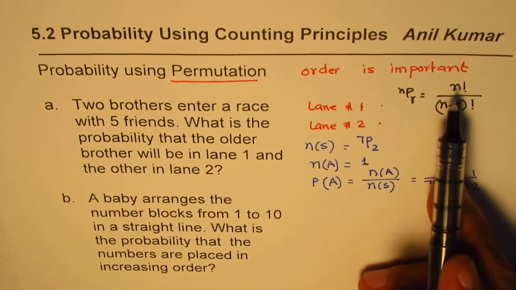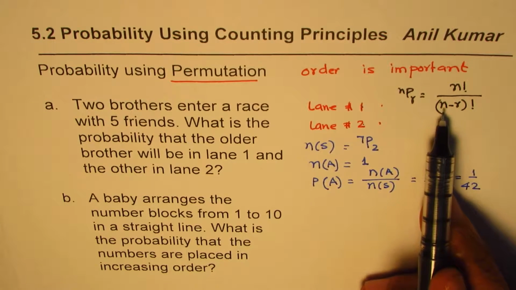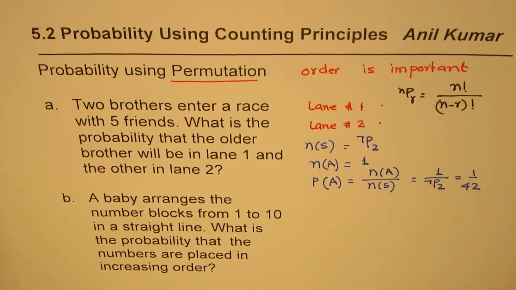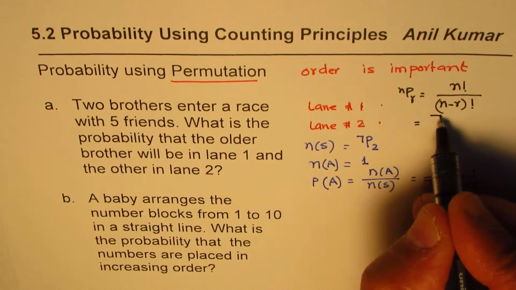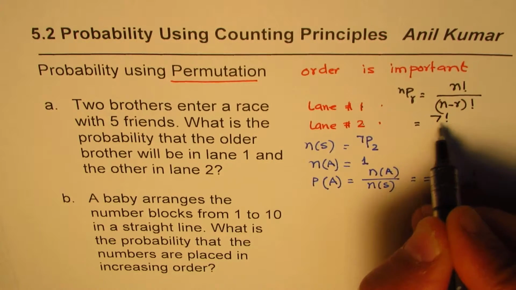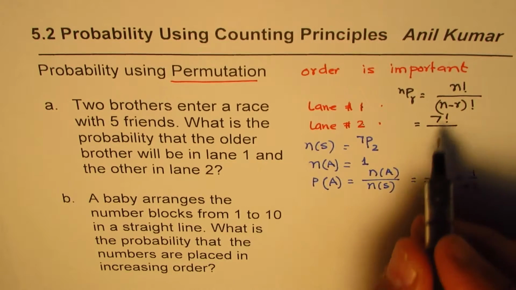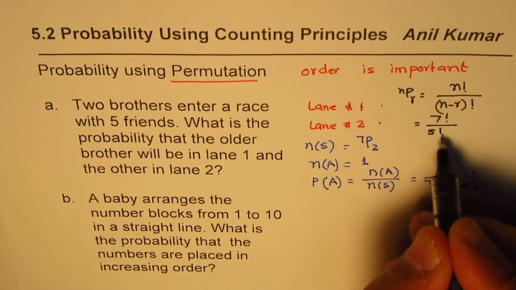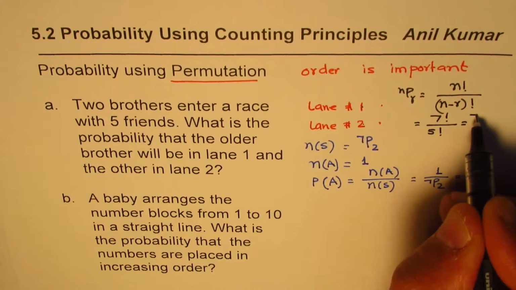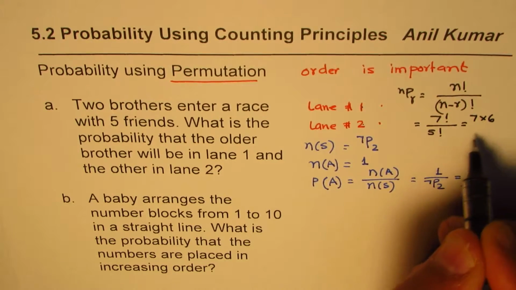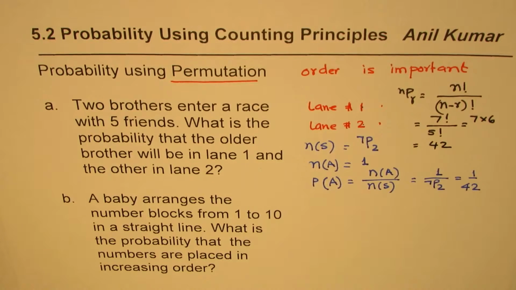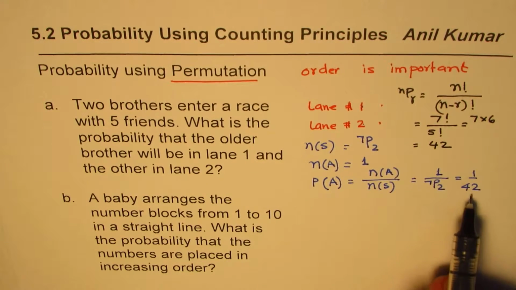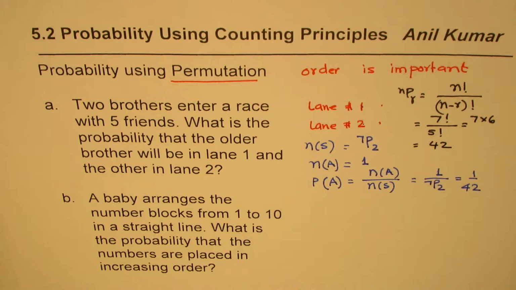So 7 factorial divided by (7 minus 2) factorial, or 5 factorial. That is equal to 7 times 6, which is indeed 42. So nPr is 42, and 1 over 42 is the answer for this question.